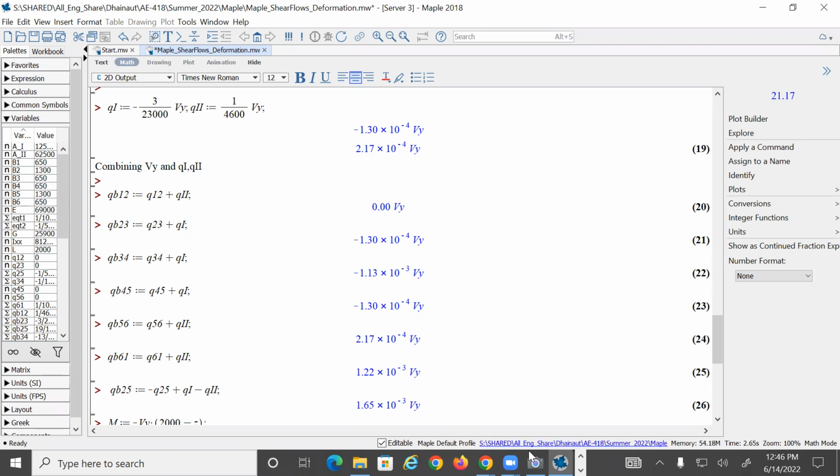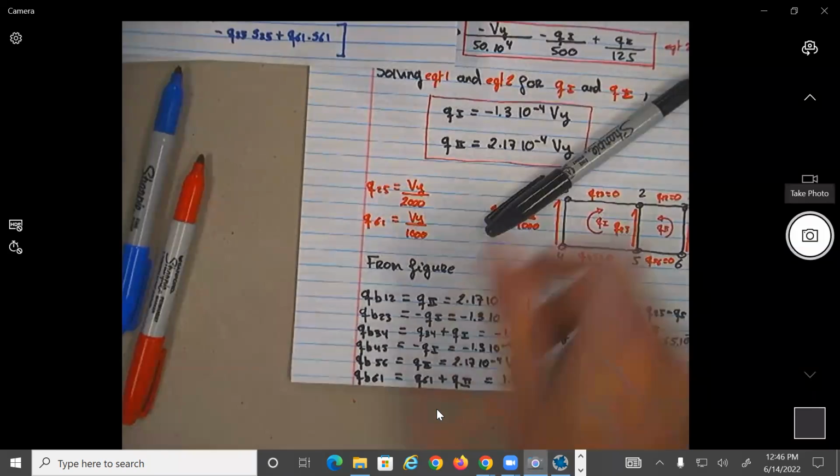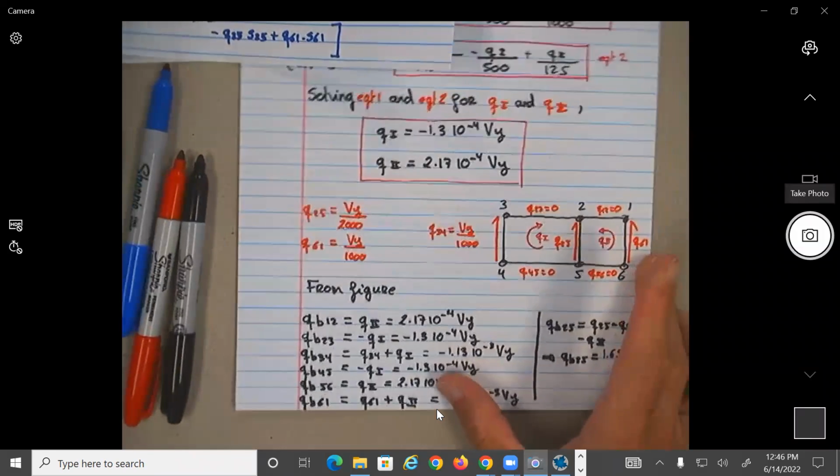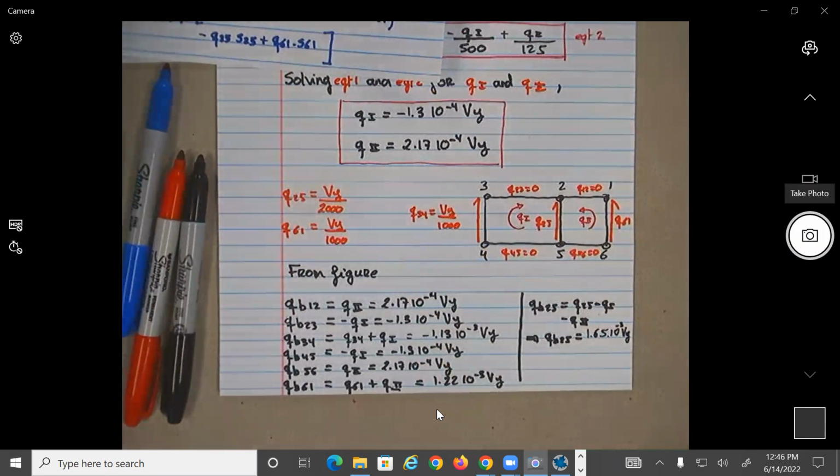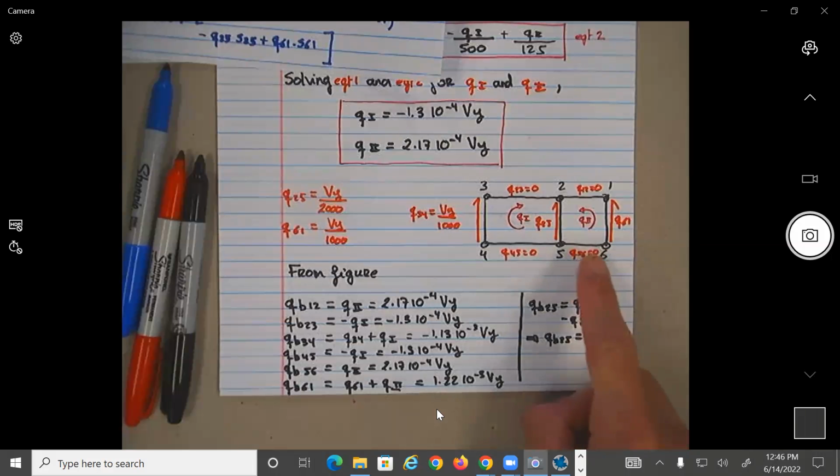So maybe it looks better here than on my page. This is from the figure, okay? So be careful, it might be different than the Maple file.